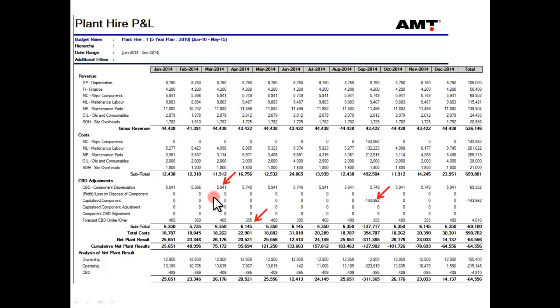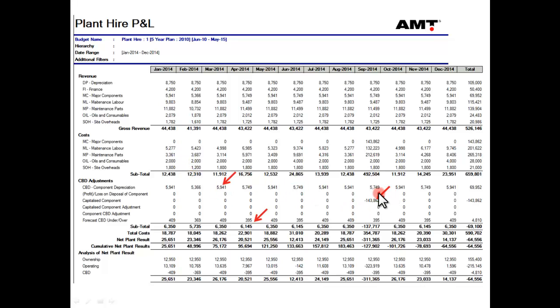But it's this area here where we do see these elements coming into play. So these are our journal adjustments. The first one, your component depreciation. You'll see that this number, 5941, exactly correlates to your major component revenue, 5941 up here. So that's that first automated journal, automated routine number 3 that we were looking at before, where the revenue you're getting in is journalized out.